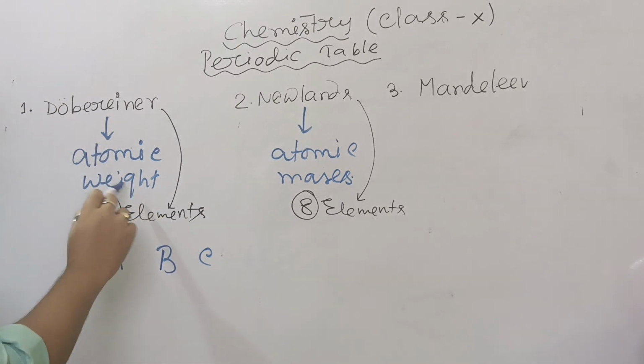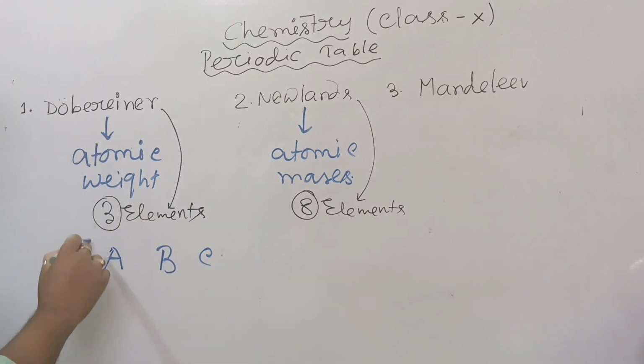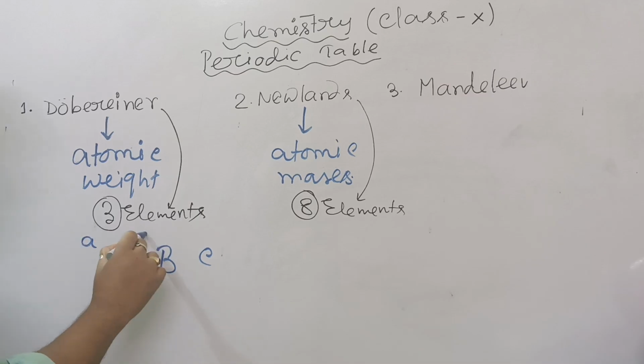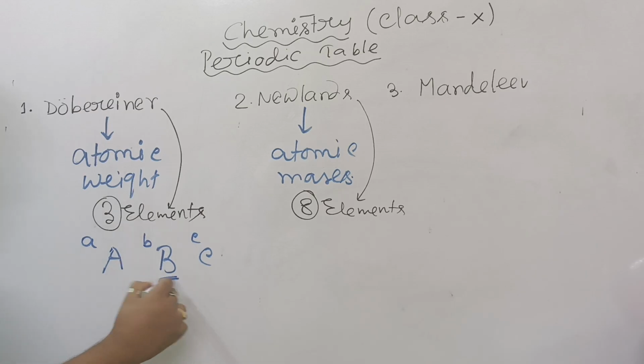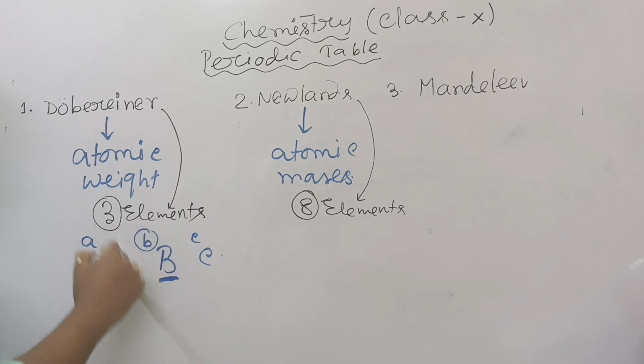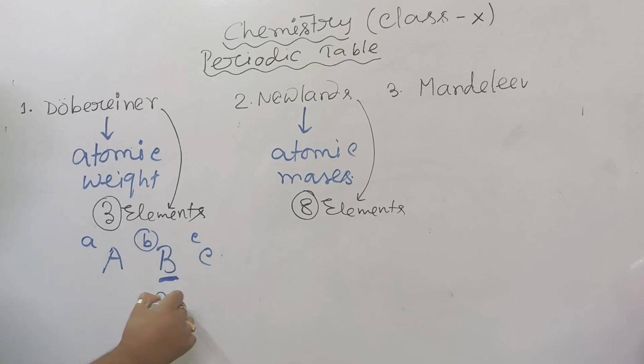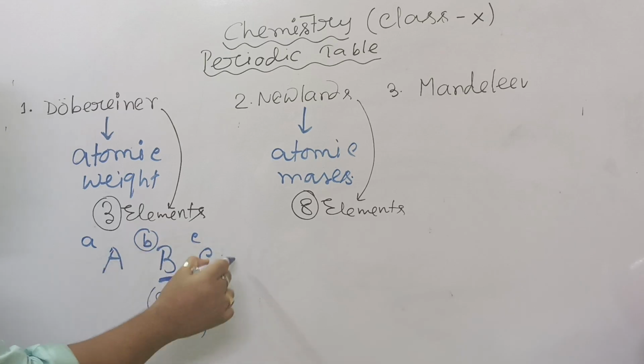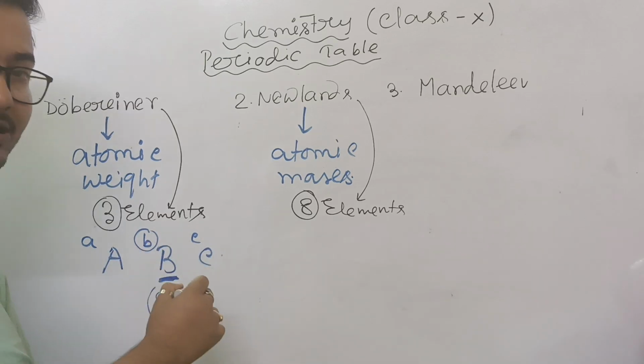So the atomic weight of, suppose, element capital A is small a, B is small b and C is small c. So what is the rule? The atomic weight of the middle one, suppose B, the atomic weight of the middle one is the algebraic sum divided by 2. That is the average of the rest of the 2 elements.